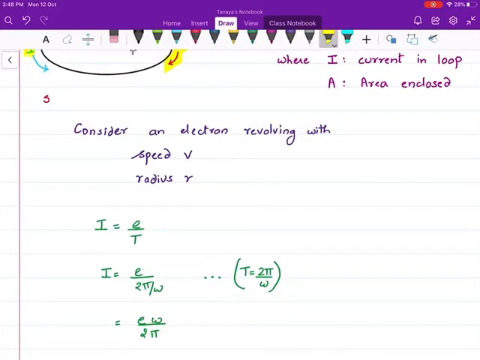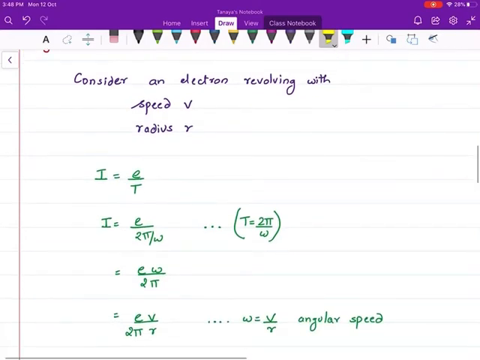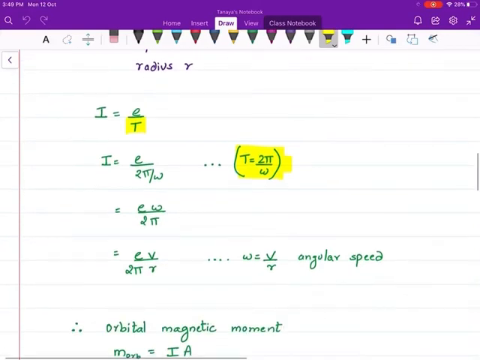That is our T. And you already know, you have studied circular motion, rotational motion, that this T is equal to 2 pi by omega, where omega is the angular speed. So I can substitute T is equal to 2 pi by omega in this place. So I get I is equal to e upon 2 pi by omega. This omega I can take to the numerator. So I is equal to e omega upon 2 pi.